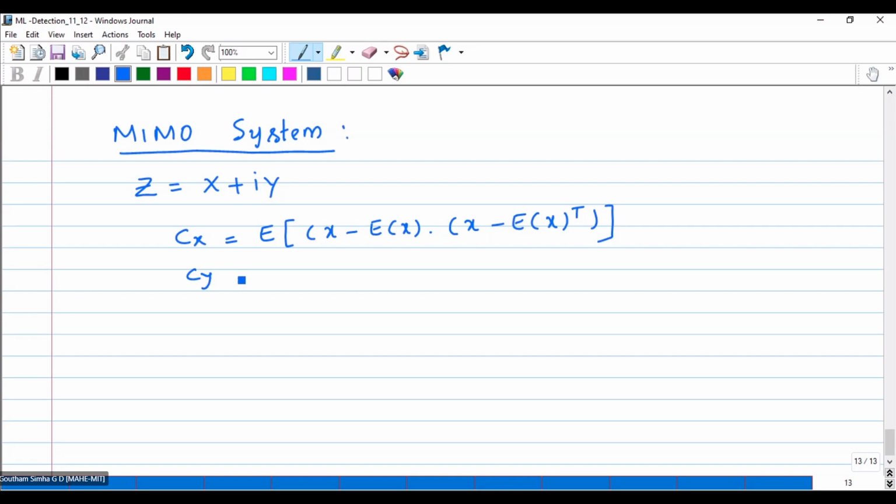Similarly, Cy you can write by replacing X with Y. What is the cross-covariance? Cross-covariance Cxy is the expectation of (X minus E[X]) times (Y minus expectation of Y) transpose.